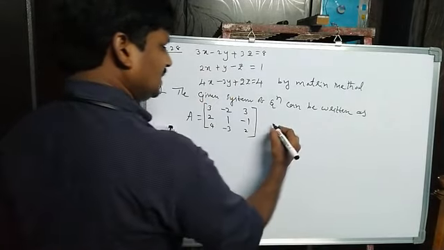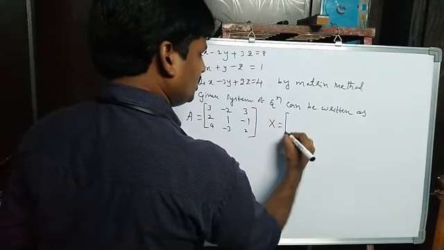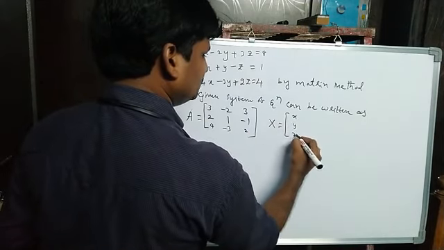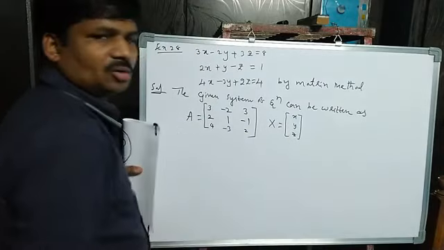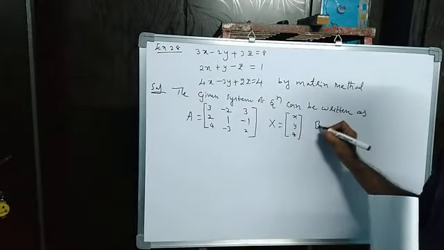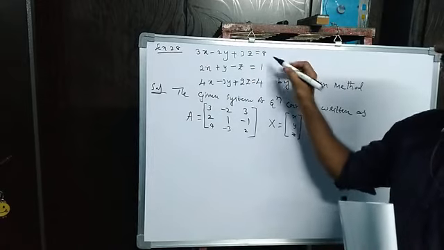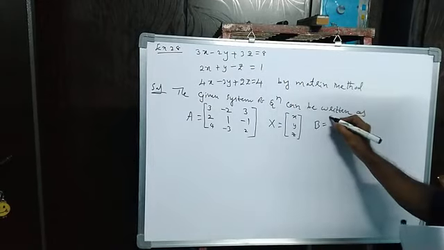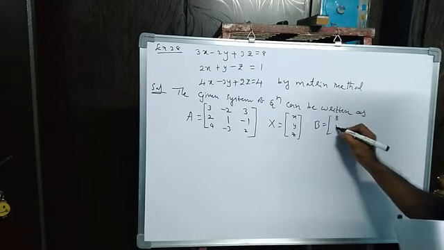That is A. Next, X is equal to x, y, z. Always write it like this. Next, matrix B is a constant matrix, the right side values 8, 1, 4.